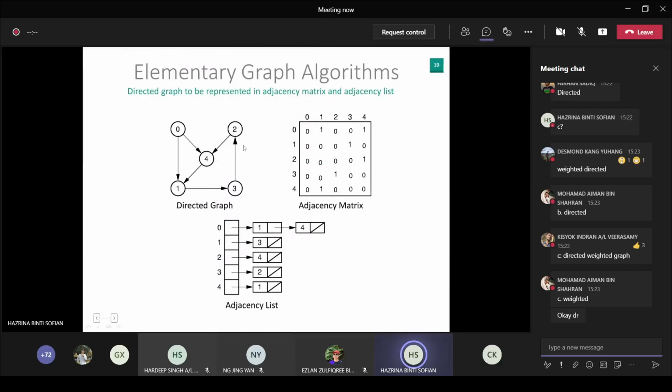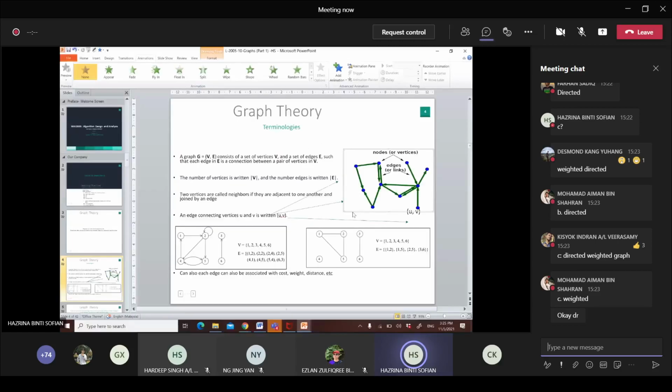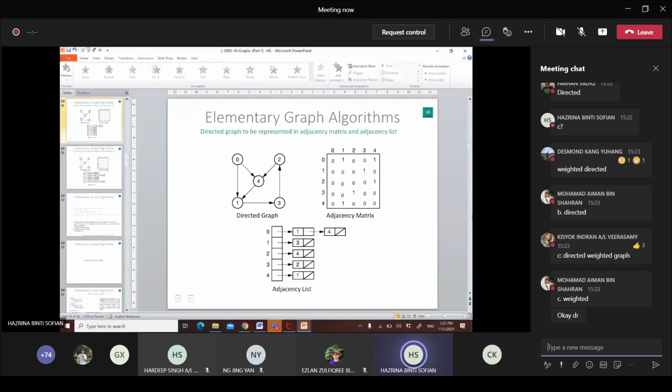Let's say we have the directed graph such as this, and we want to represent it as an adjacency matrix and also an adjacency list. So for us to do the matrix, how do we represent this in matrix?